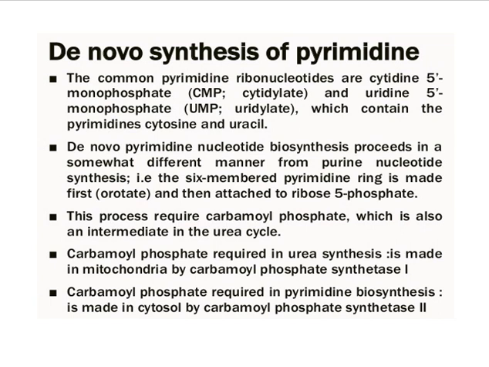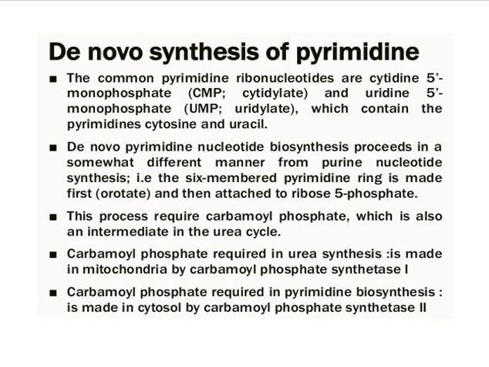The process of pyrimidine biosynthesis starts with the formation of carbamoyl phosphate. This carbamoyl phosphate is also an intermediate in urea cycle for the synthesis of urea.